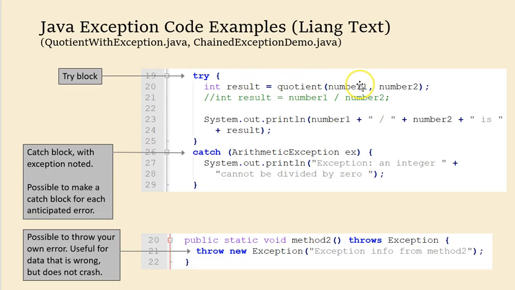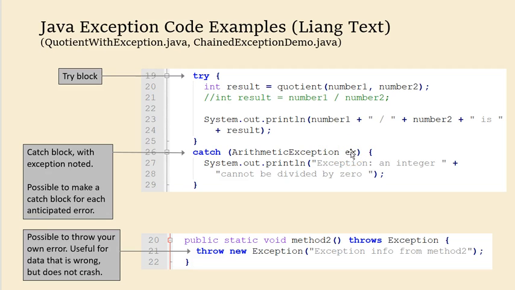Here they had created a method called quotient. And previously they'd asked the user to put in number 1 and number 2. And the idea is if you put in a 0 for number 2, you should get an issue. So here's try. And then catch. And notice it's catch, but then you say what you're trying to catch. You're trying to catch an arithmetic exception.